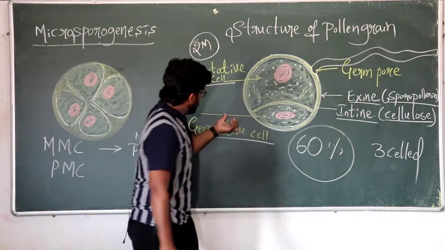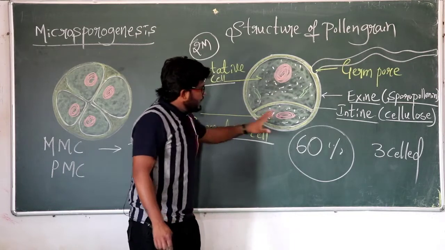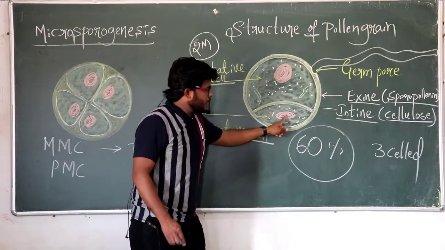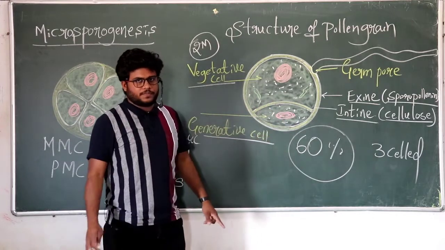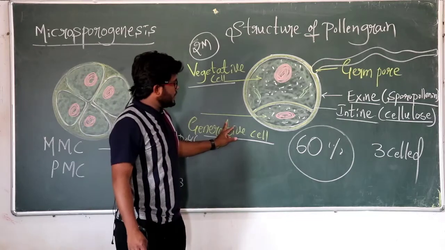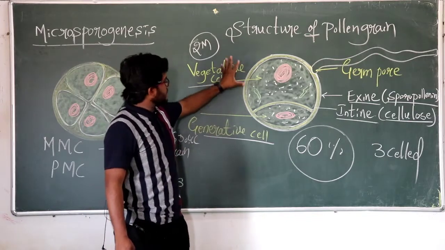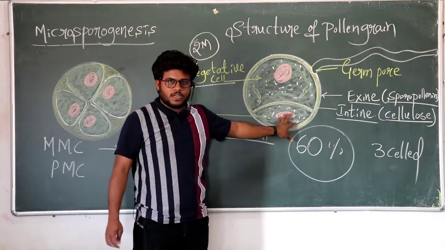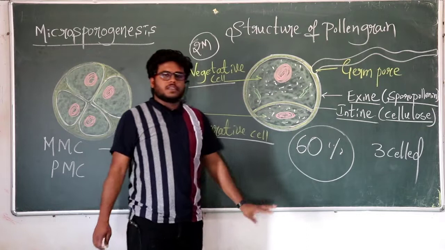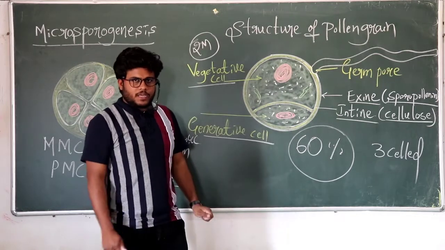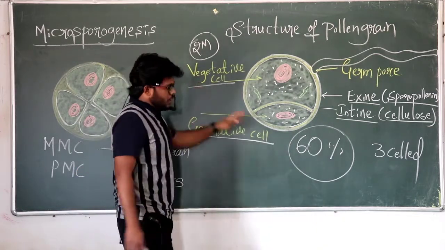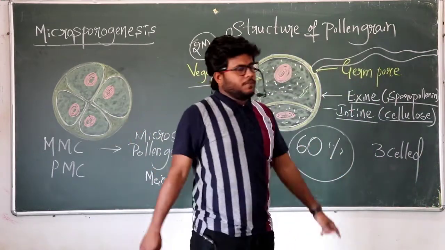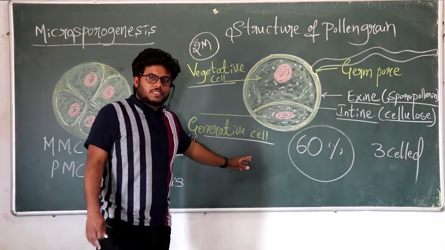That is, the generative cell itself divides into two male gametes. So then it sheds with one vegetative cell and two male gametes, which is called the three-celled stage. Okay, understood? These pollen grains are helpful for pollination. Apart from pollination, they also cause some allergies.